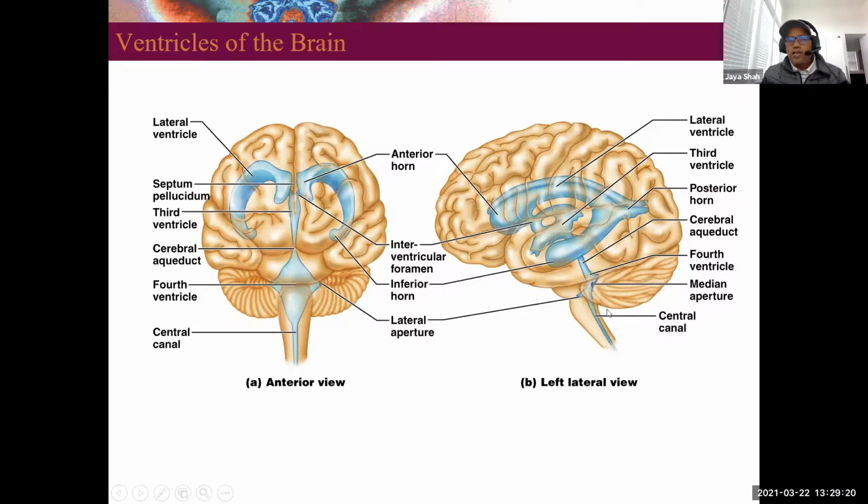The median aperture goes around the cerebellum, between the cerebellum and the brain, in the subarachnoid space. The median aperture also gets into the subarachnoid space around the central canal. And then there is another opening, which is in the central canal.